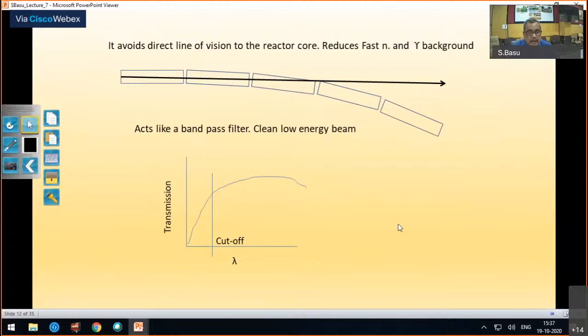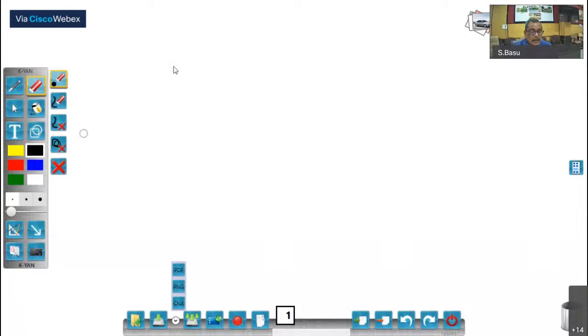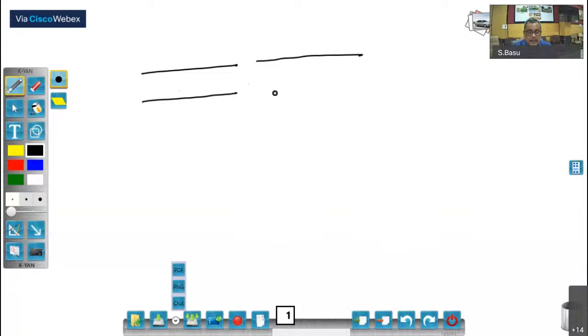Another important point is that because we always bother about backgrounds in our experiments, you can bend the guide a little bit, as I'm showing here schematically. These are the guide elements, which you can make as a straight guide like this.